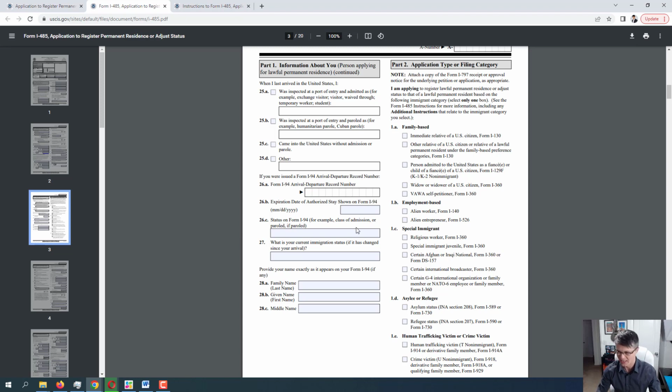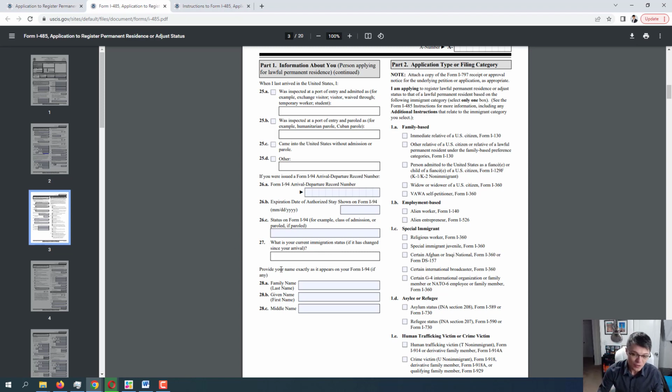Okay, moving further, it's the expiration date of authorized stay, so how long you can stay in the United States, status on form I-94, class of admission or parole, what is your current immigration status.